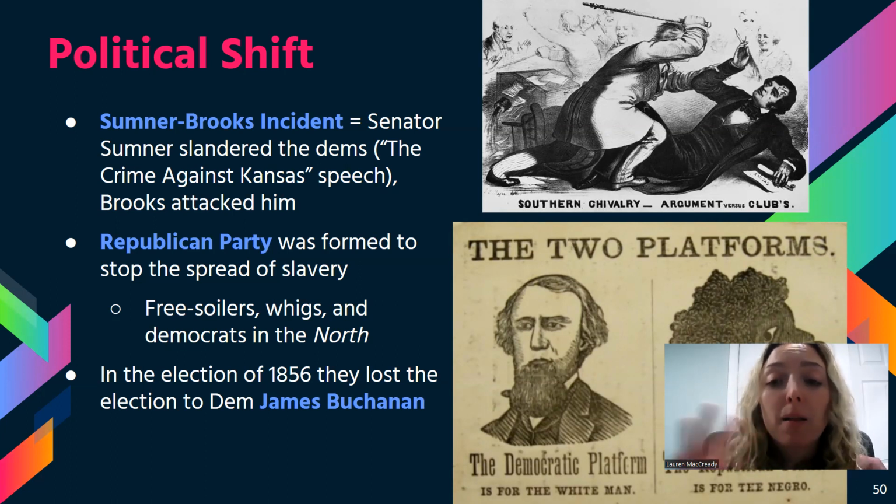So it is a conglomerate of a lot of different groups: people who identified as free soilers, Whigs, and Democrats who are in the North. What is the common thread? They are all Northerners. They all do not have slaves.